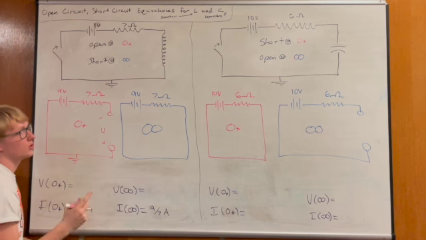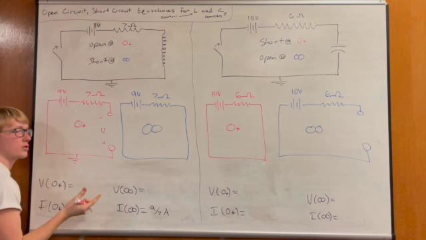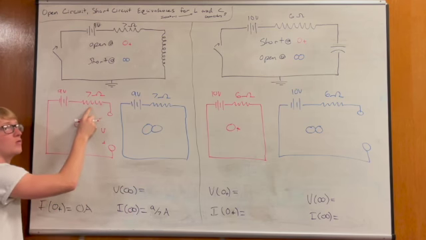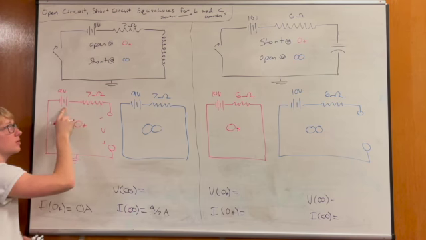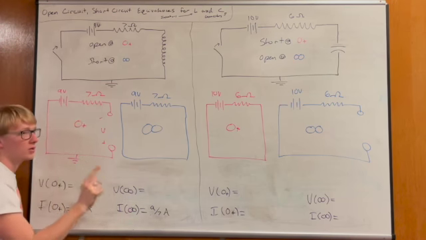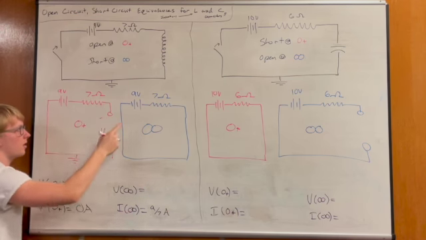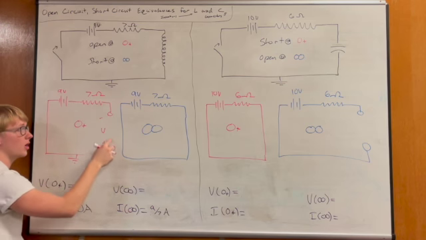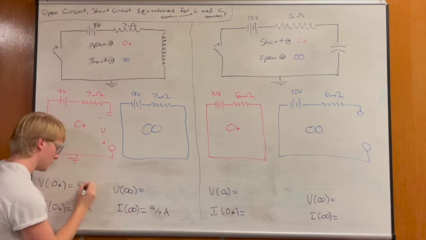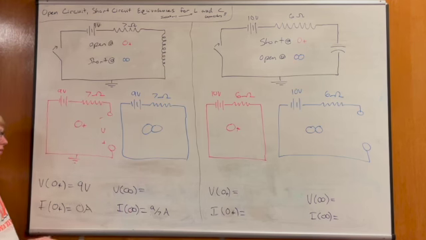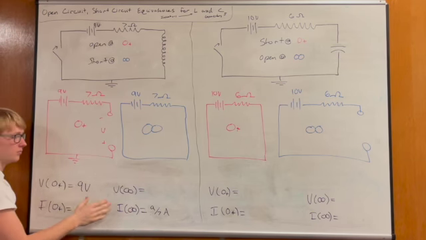But voltage division, you're going to have the specific resistor you're talking about over the total resistors, which in this case is 7 over 7, times the voltage source, which is 9. So 7 over 7 times 9 is 9. So this node is 9 volts, and this node is 0. Therefore, the jump is 9. So initially, this branch has a jump of 9 volts.